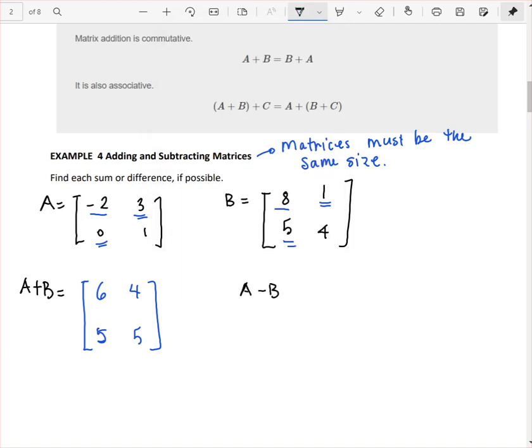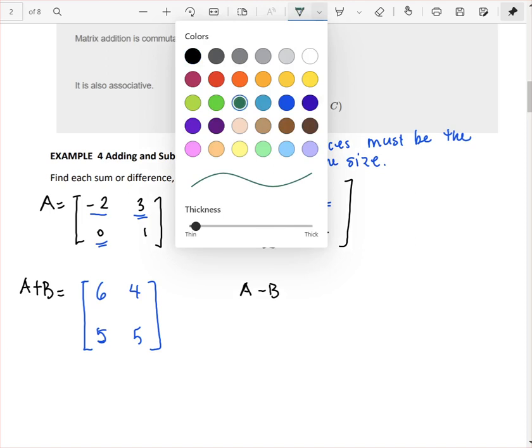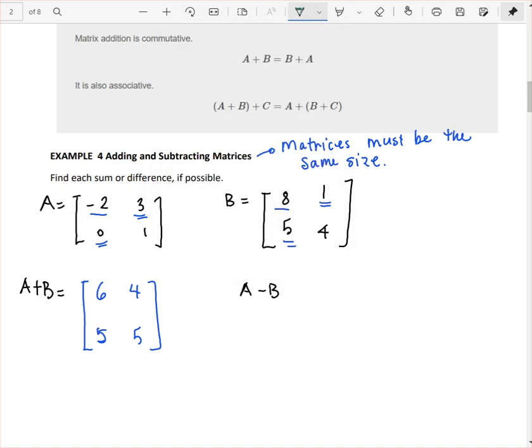So if you're subtracting, you got to be a little bit more careful because of that extra minus. But it would be -2 minus 8. 3 minus 1. 0 minus 5. 1 minus 4.